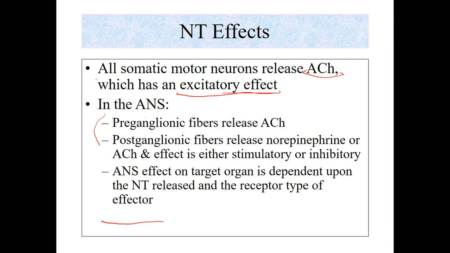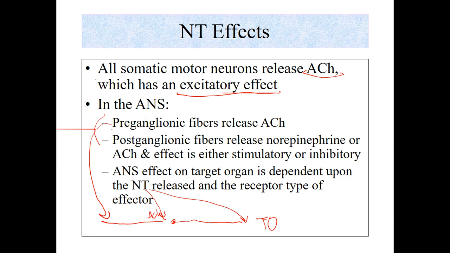We're going to have our preganglionic. Here's the soma or ganglion of our 2nd neuron. And then here's our target organ. So we're having neurotransmitters released here, neurotransmitters released here. All preganglionic fibers, we know, are going to be releasing acetylcholine.